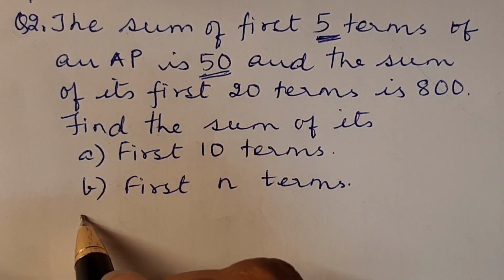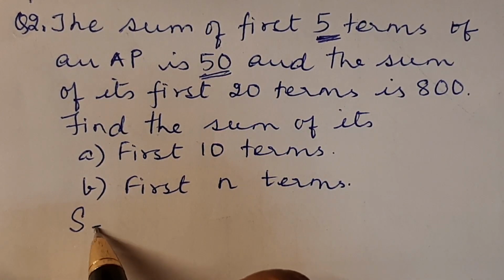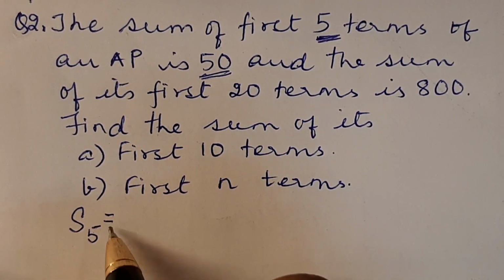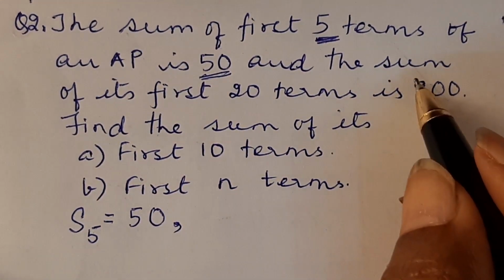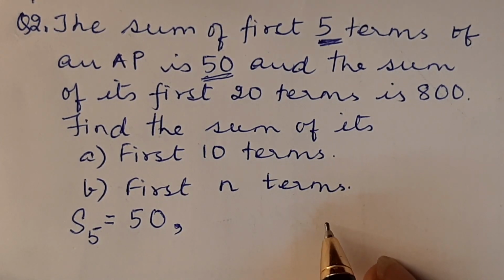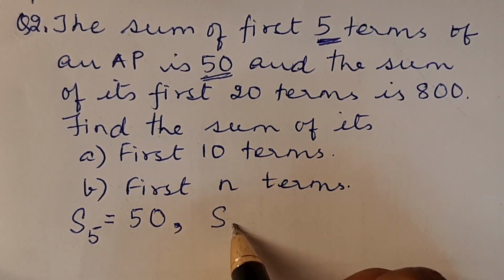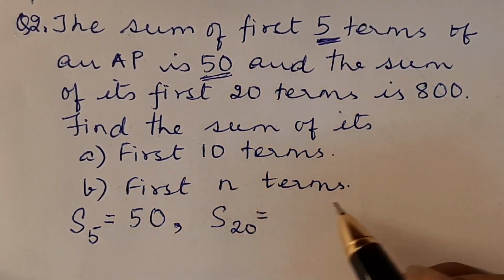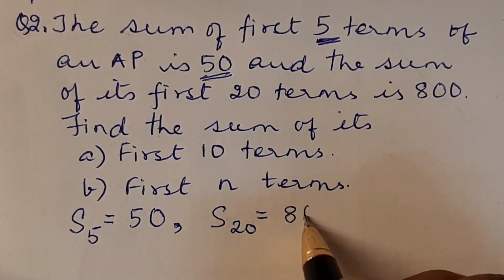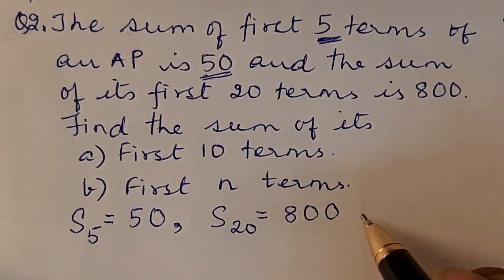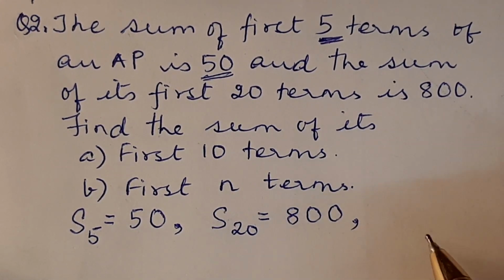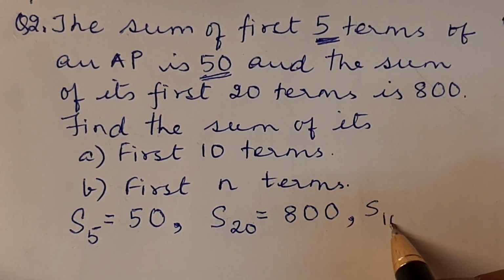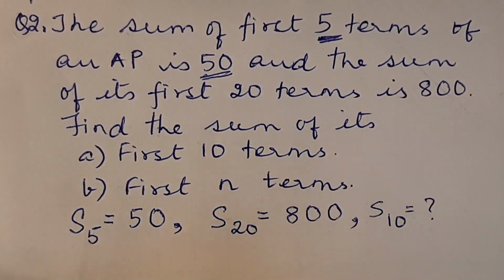So we know that sum of first 5 terms, that is S5, is equal to 50, and the sum of first 20 terms, that will be S20, and that is equal to 800. And what we have to find is the sum of its first 10 terms, which means S10 is equal to how much?